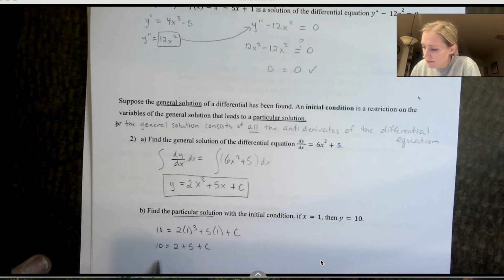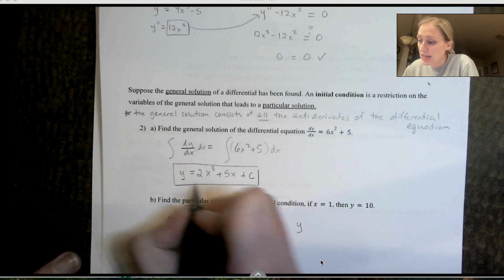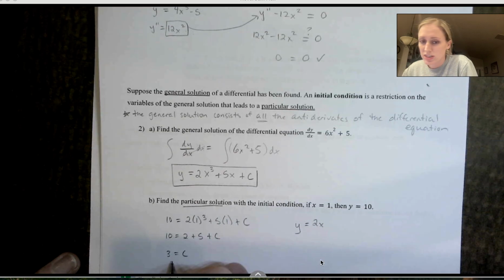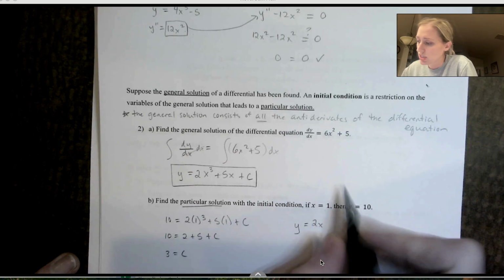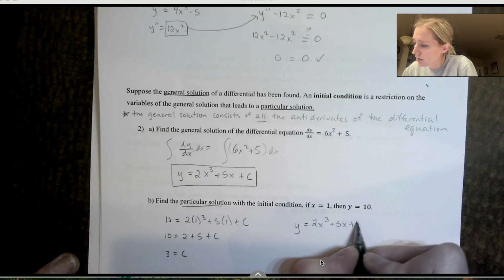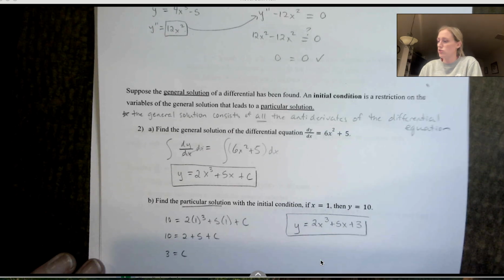So this is 7. If I subtract 7 from both sides, I get 3 equals c. So then my solution is still this antiderivative, but now I know the specific c that goes with this initial condition. So we've got 2x cubed plus 5x plus 3 is that particular solution with that initial condition.